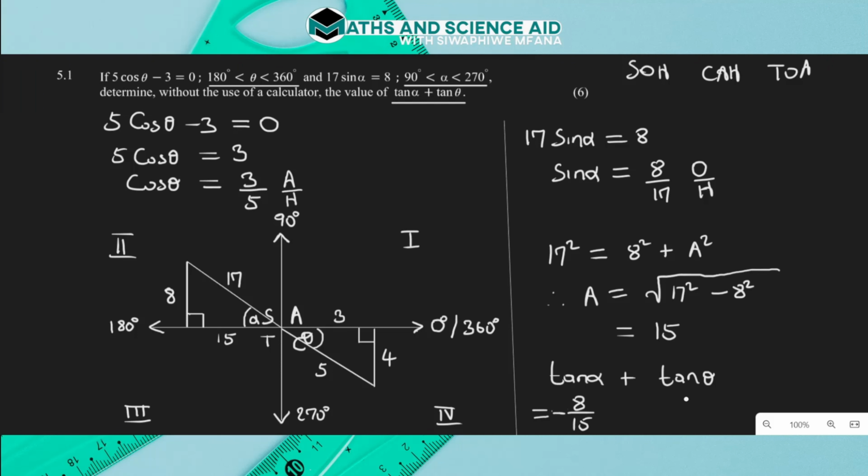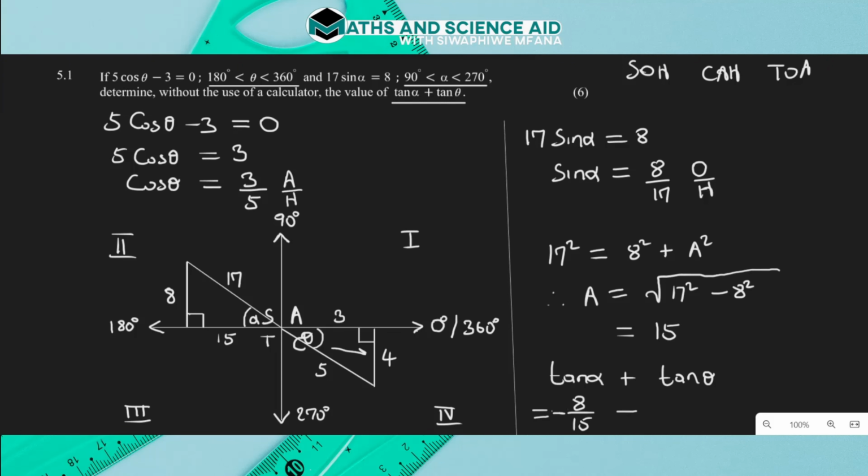Similarly, for tan theta, we can see that there is a right-angled triangle with theta in the fourth quadrant. And even in the fourth quadrant, the tan ratio is negative because only the cosine ratio is positive in this quadrant. So we will have a negative sign here. And now we can go ahead and determine the actual value of tan theta. And again, tan is the opposite over adjacent.